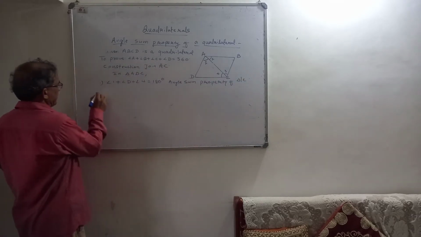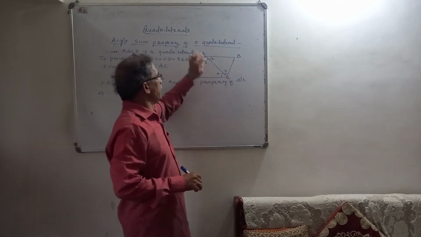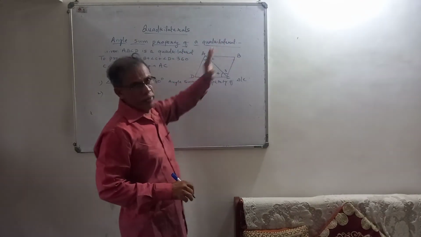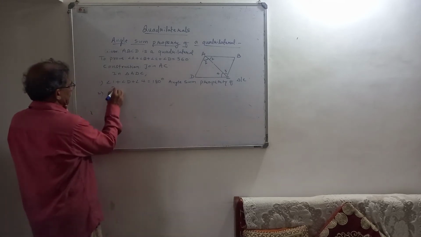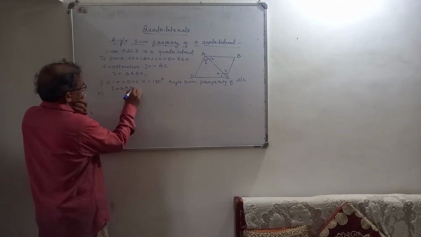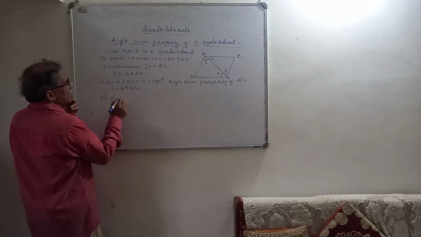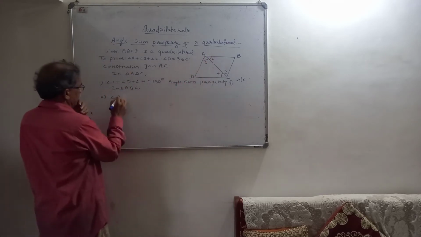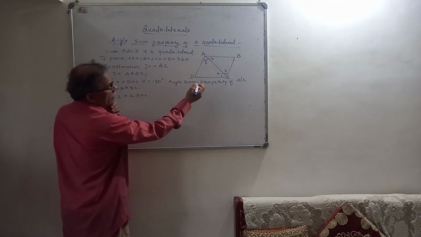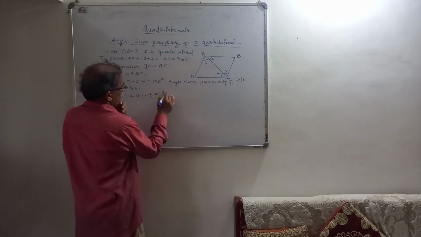Now let us go to the second triangle. Which is the second triangle? ABC. In triangle ABC, angle A we have marked as angle 2, isn't it? Now in triangle ABC, second statement: angle 2 plus angle B plus angle 3 is equal to 180 degrees.